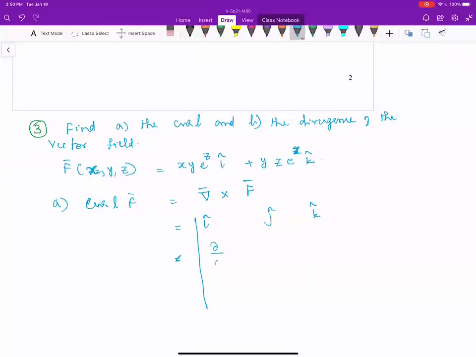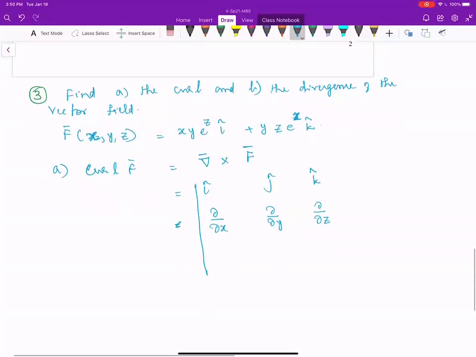Then the components of del are ∂/∂x, ∂/∂y, ∂/∂z. Then the components of F, which are P, Q, R. So we notice here you have P, and this is the component of k, so it is R. So Q is missing, which is equal to 0. So we can fill them up in the third row: xy e^z, Q is 0, yz e^x.